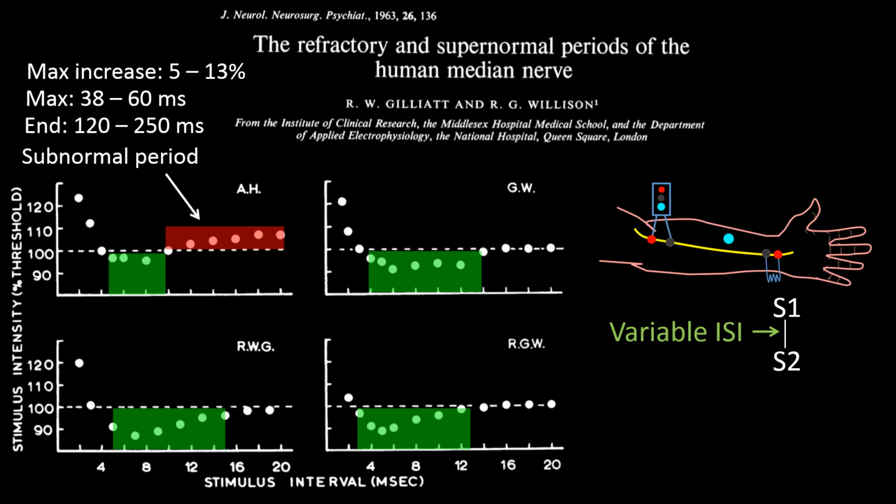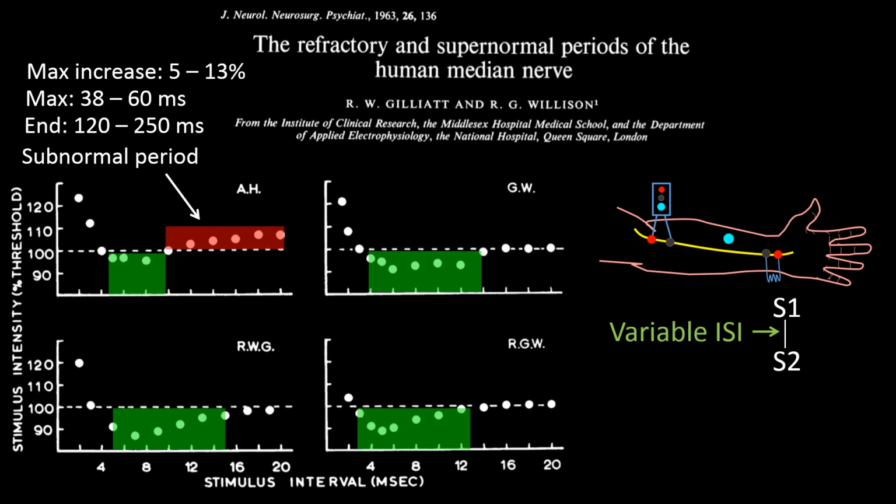In this graph, this subnormal period can be clearly seen highlighted in red. During this period, only a stimulus stronger than the stimulus required to trigger the first potential will be able to trigger a potential. The subnormal period lasts up to 200 milliseconds and is maximal from 38 to 60 milliseconds after the initial stimulus.